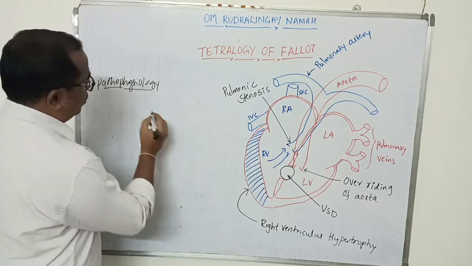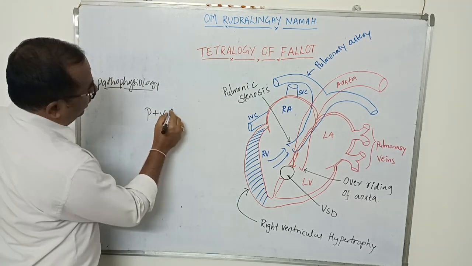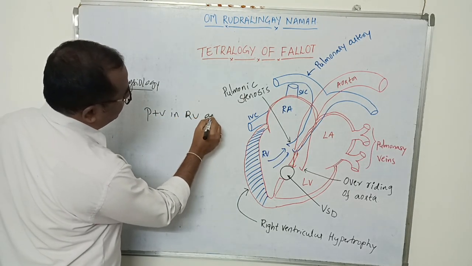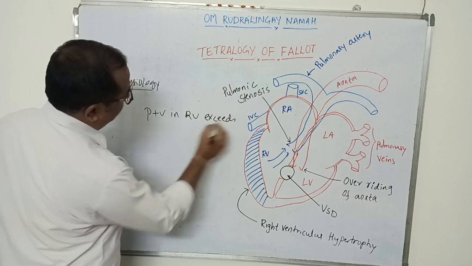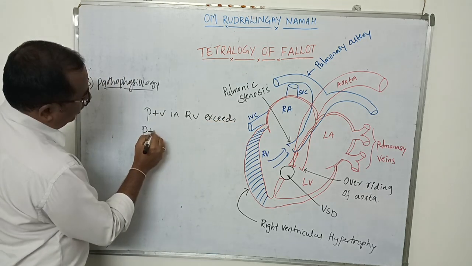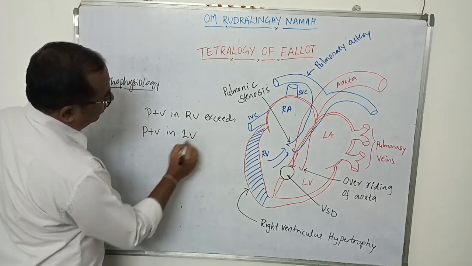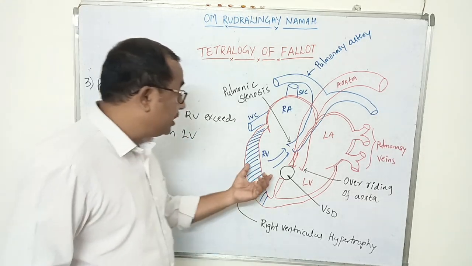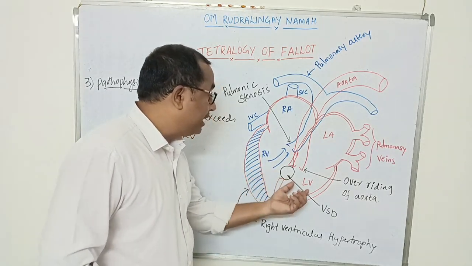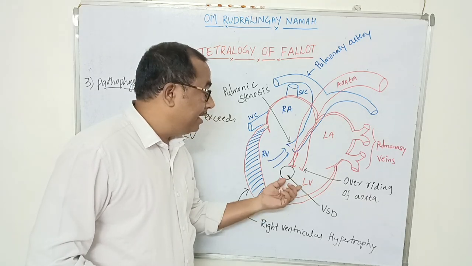So the pressure and volume in right ventricle exceeds the pressure and volume in left ventricle. That is nothing but the pressure and volume of blood in right ventricle is more than the pressure and volume of blood in the left ventricle.